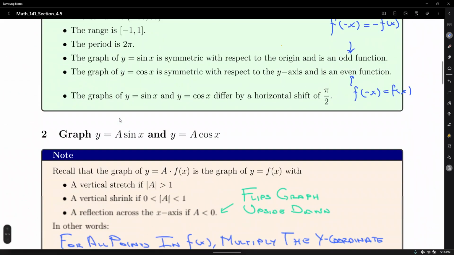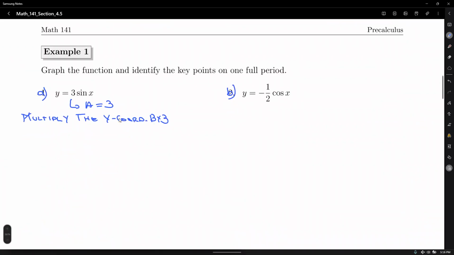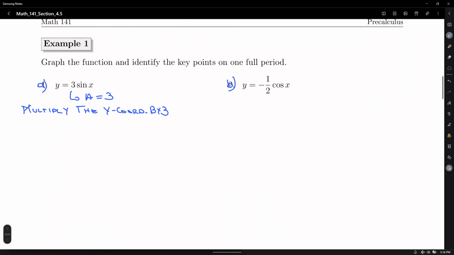Okay, let me scroll this down back to where we were, and let me write down those points. That is, the point 0, 0, the point pi over 2, comma 1, the point pi, 0, and the point 3 pi over 2, comma -1, and lastly the point 2 pi, 0.